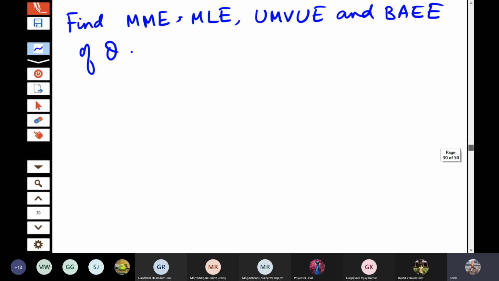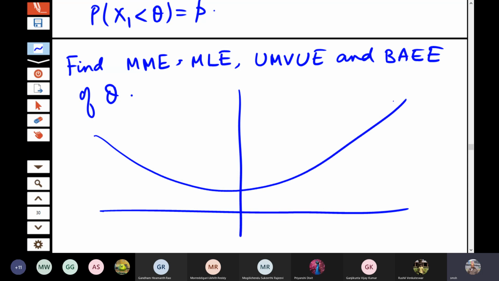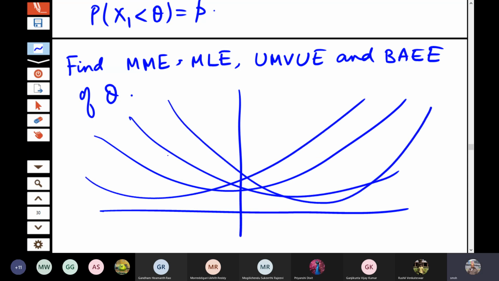So I mentioned to you that we can consider restriction of the class of estimators, either through certain criteria like unbiasedness or through invariance, and then try to find out the best choice among them. That is one way of looking at this problem of having estimators with smaller mean squared error or smaller risk function. In general, we have seen that the risk functions are functions. So that means over the parameter space, they may take different values.